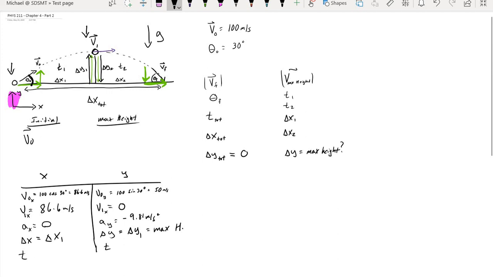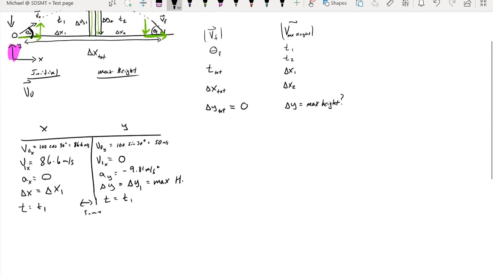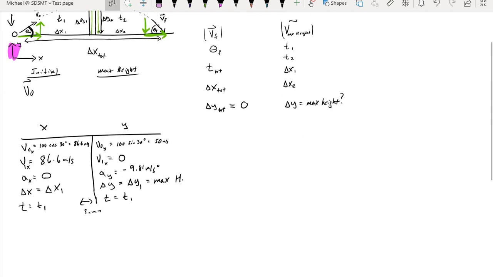And then the time that we're looking for is t1. Those are the same values for both the x and the y direction. If we can solve for the time in one column, we can move it over and share it in the other column, which is what we're going to have to do, because right now in the x direction I have that one case scenario where the kinematics is not going to work out.